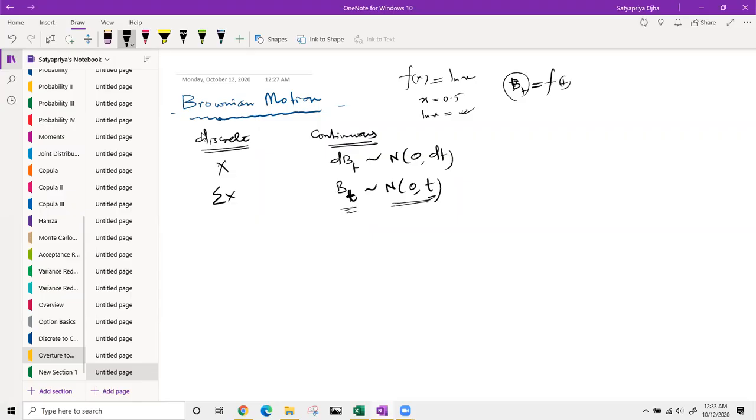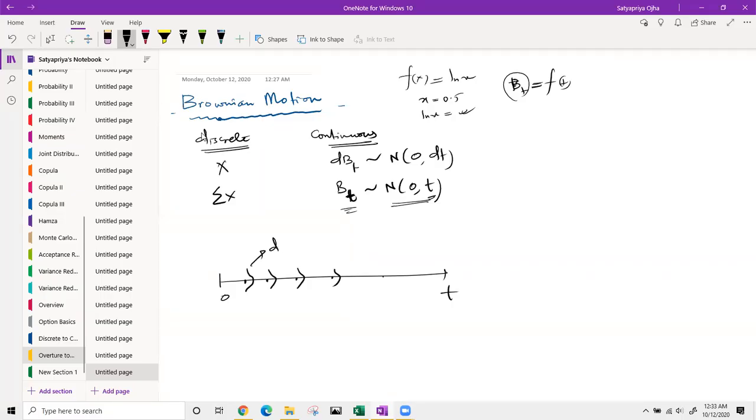What is always helpful is to remember this picture. Suppose you are trying to model something from between 0 to t; at different points we are doing random draws from this normal distribution.